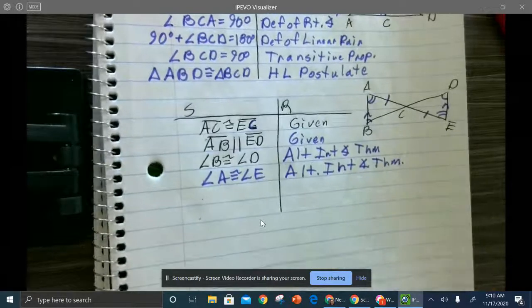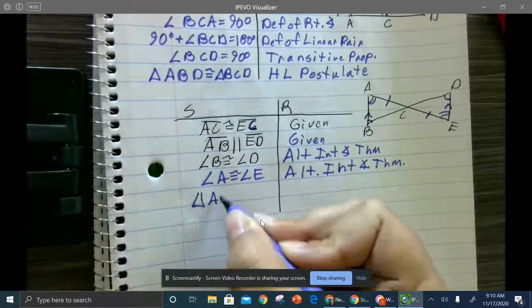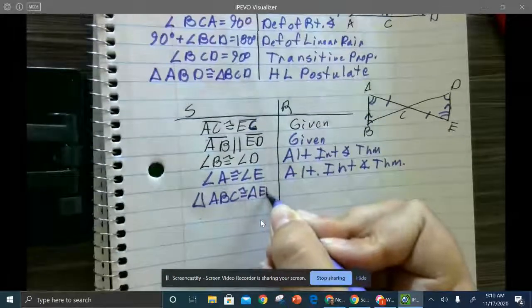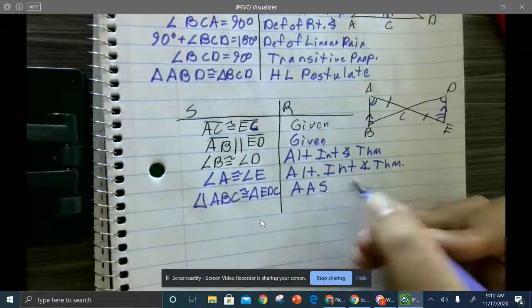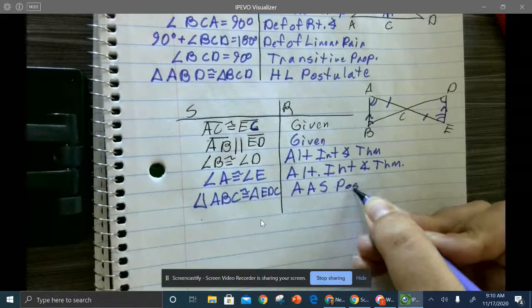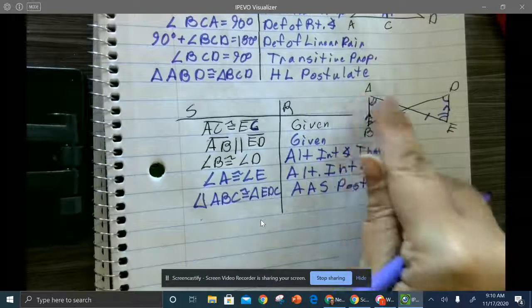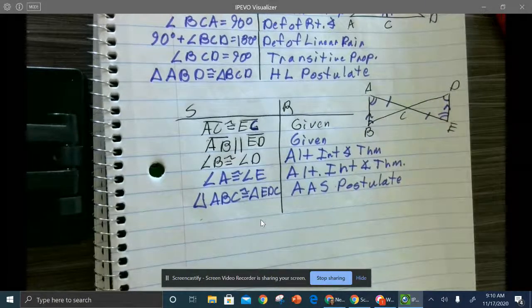Okay, so now we can prove that triangle ABC is congruent to triangle EDC by our angle, side, angle postulate. Okay, everybody got this?